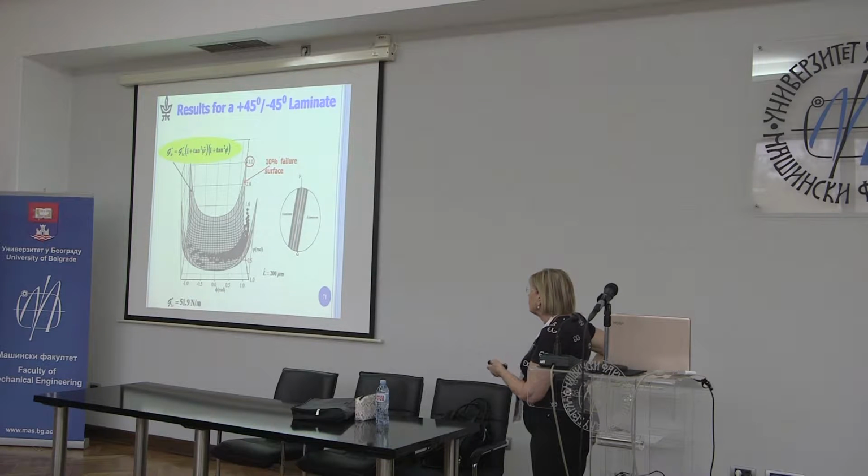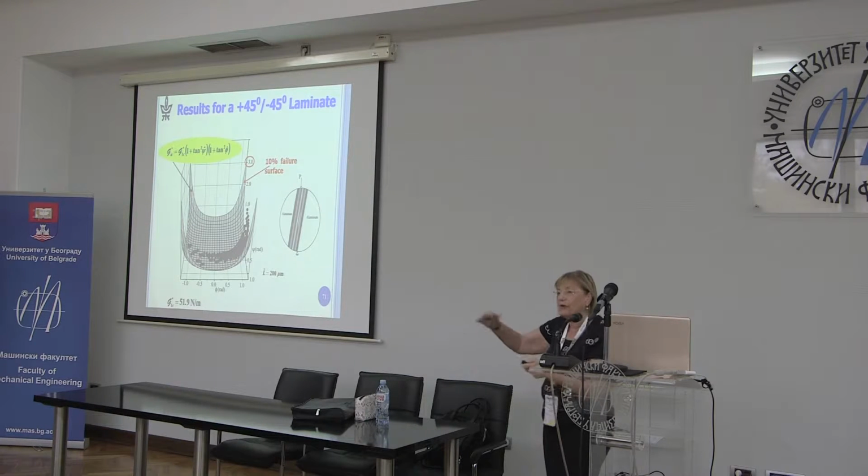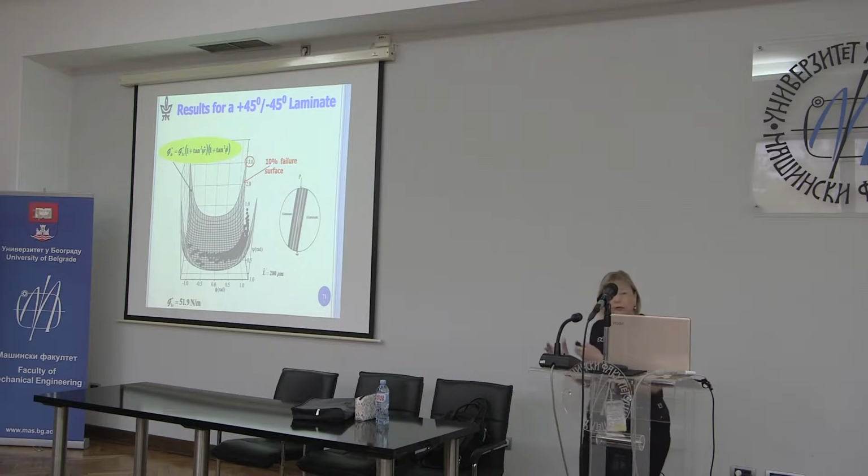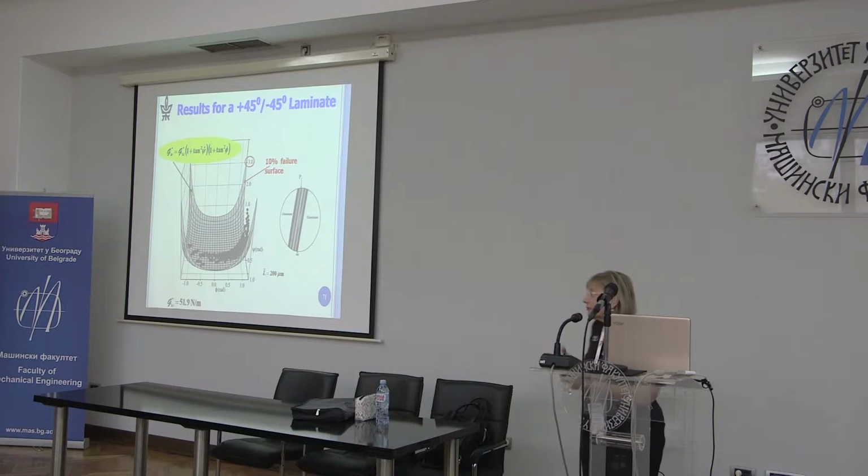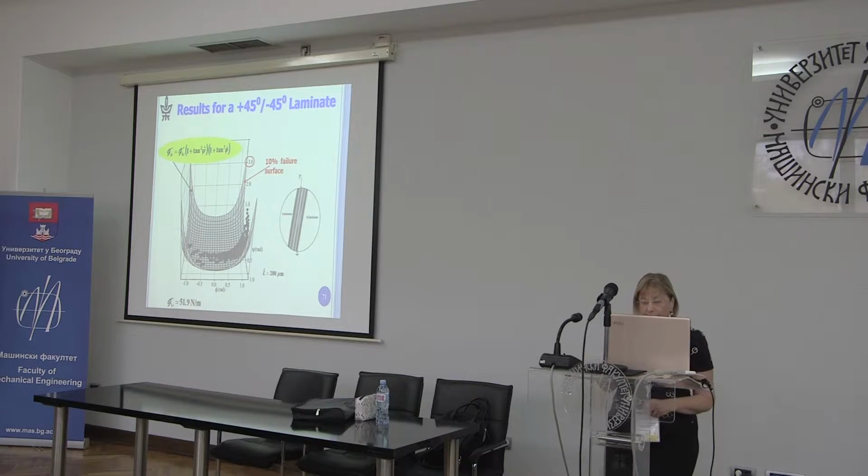The price is that now G1C is not 92, but it's 51 or 52. So we've lowered this, but now all of the points are above or on the failure curve. So this is the failure curve that we will want to present as predicting a 10% possibility of failure below the curve for my structure with a 95% confidence.